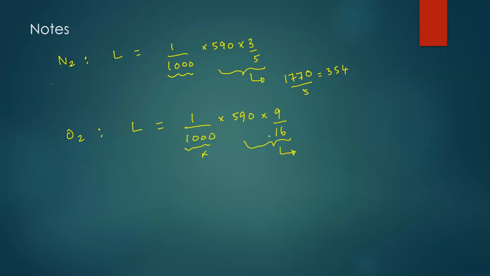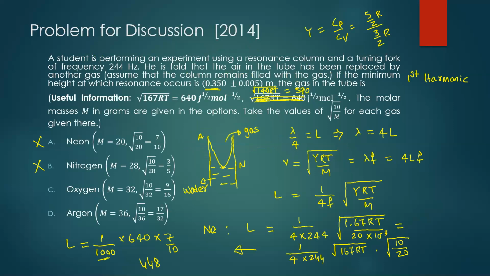So 9 into 59 is 531, divided by 16. Let's divide this. What are we getting? 331, something. Okay, but this is close. So the number will be closer to 350. But there is a risk here. We cannot just directly jump and take this. We'll have to see the last option also.